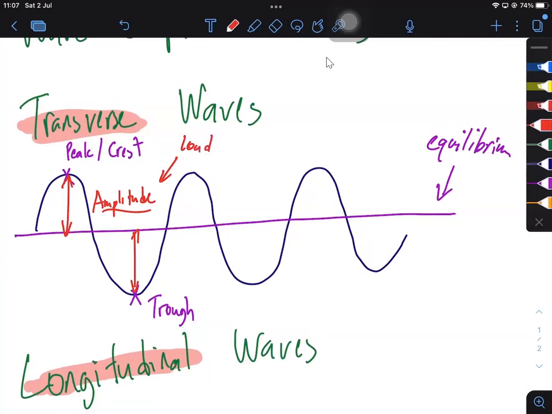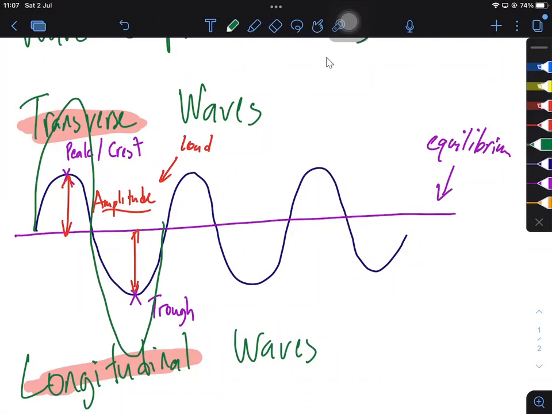If I have a wave that has double the amplitude here, it means it is double the loudness. Very important. They always ask you this in your IGCSEs: amplitude is directly responsible for the loudness of the sound.